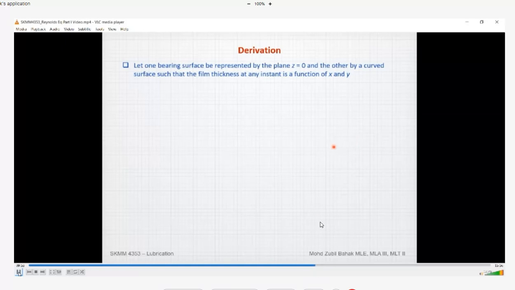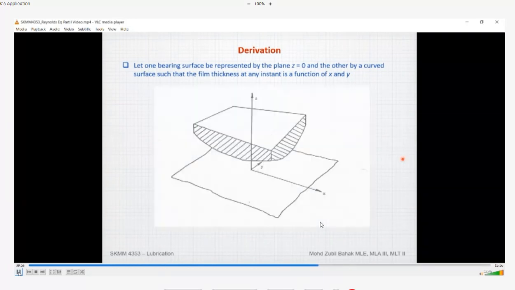So this is the plane, which is z equal to 0, and the other surface is curved such that the film thickness at any instant is a function of x and y, not a function of z.